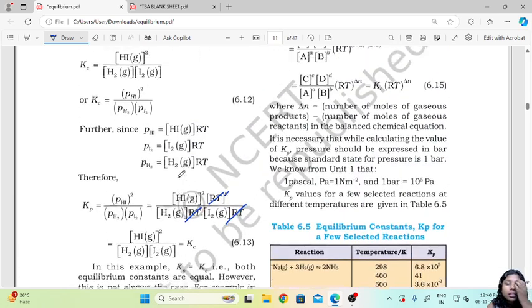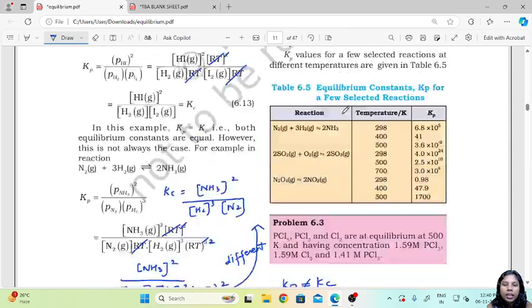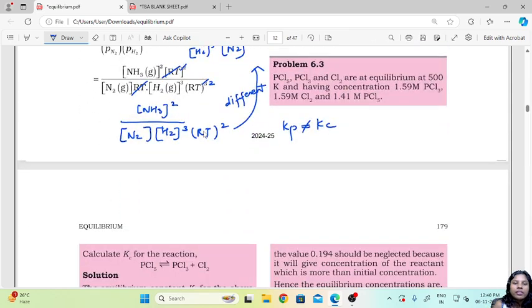So if we rearrange this and write it in a better form, this whole part remains the same, so this will be equal to Kc, only this part will go as RT raised to minus 2.